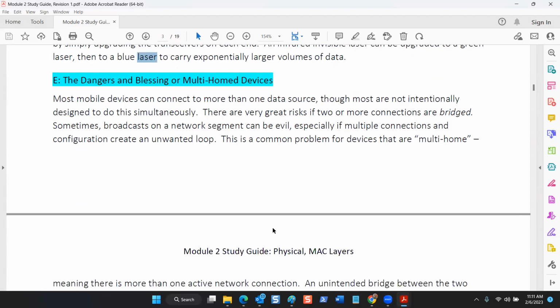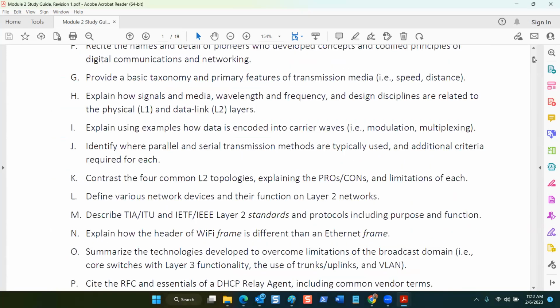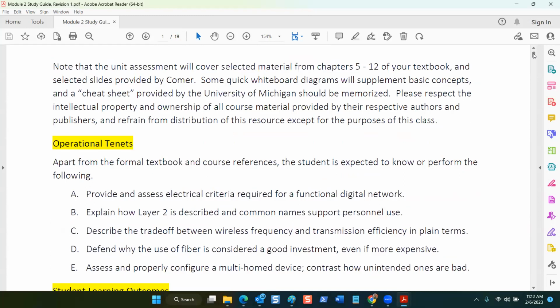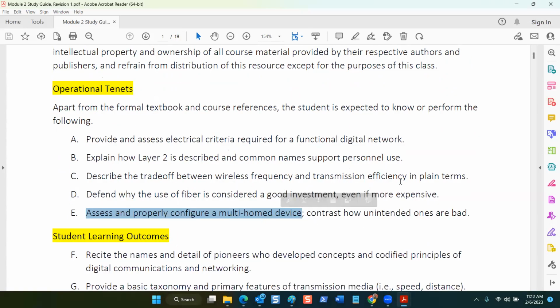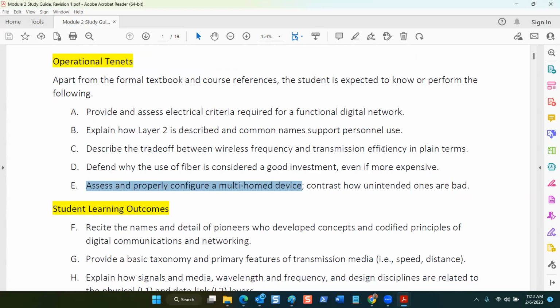So student learning objective E has to do with an operational tenet. It has to do with multi-home devices, and we wanted to take a moment to call that out. When you're looking at networking situations, particularly in home networks or small office environments, but not just there, sometimes in larger settings you also have a multi-home device.